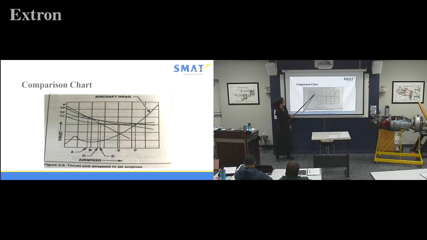Turboprop, not so bad, but then we start to fall down. Turbojet, pretty decent, but very much lower than turbofan for lower airspeeds. Turbofan, best of all worlds. You don't have to memorize that chart, it's just to show comparison.